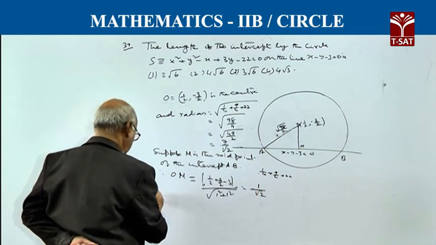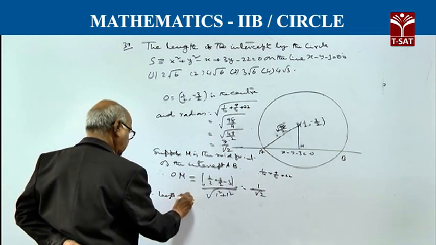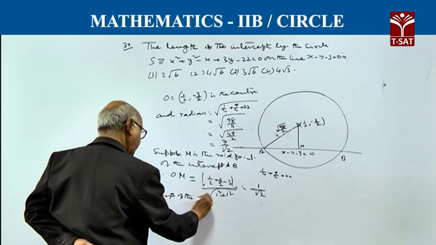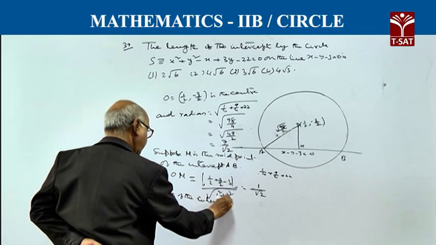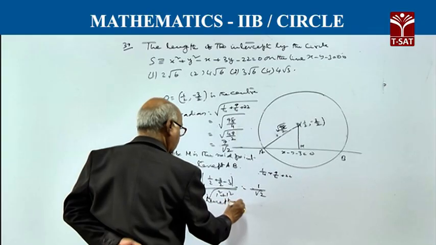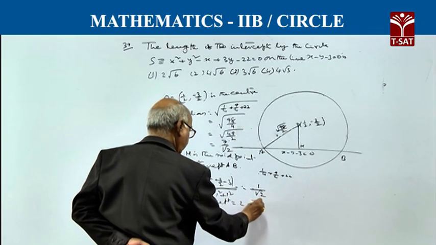So therefore, length of the intercept is equal to twice AM.